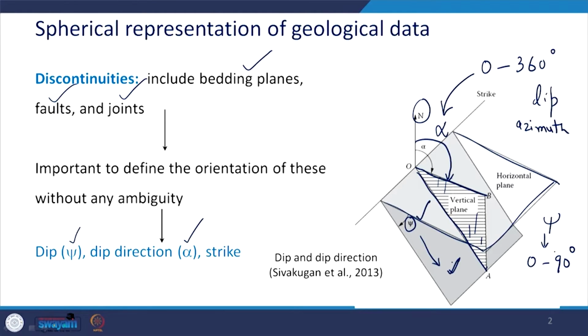Now, any plane can be specified in this particular manner, let us say 40/210, or let us say 20/080 and so on, where the angles before and after the slash denote, before it denotes dip, and after it denotes dip direction.